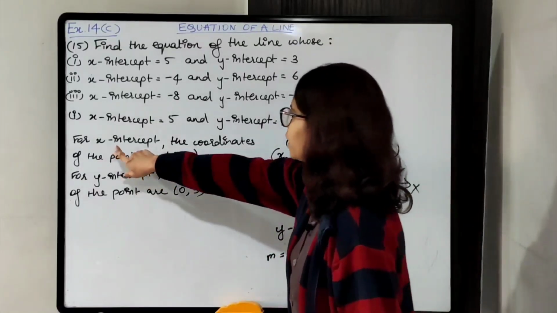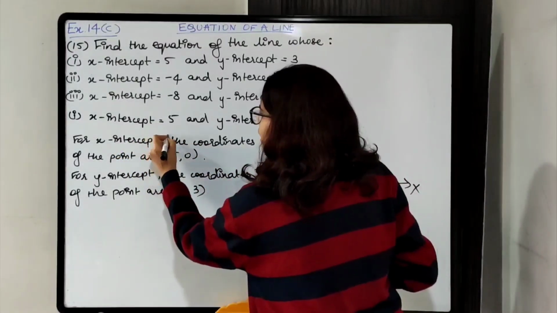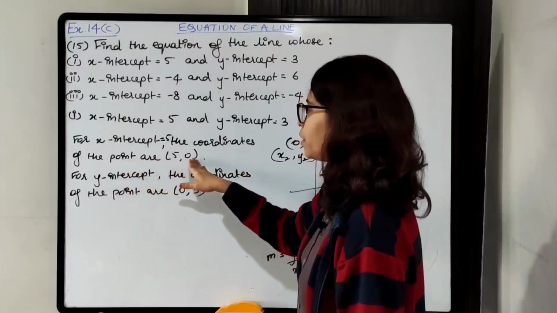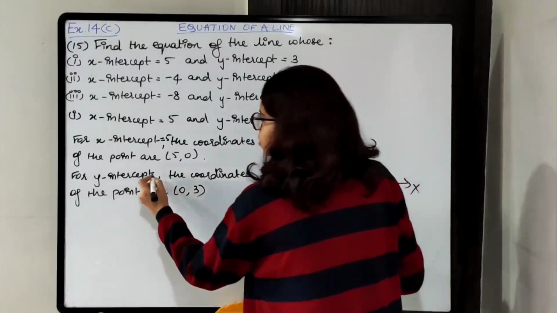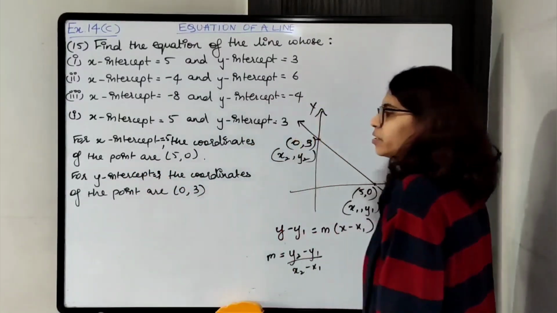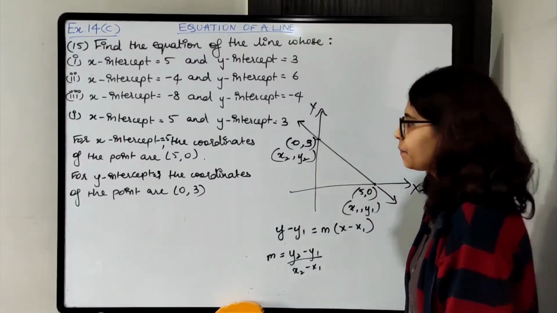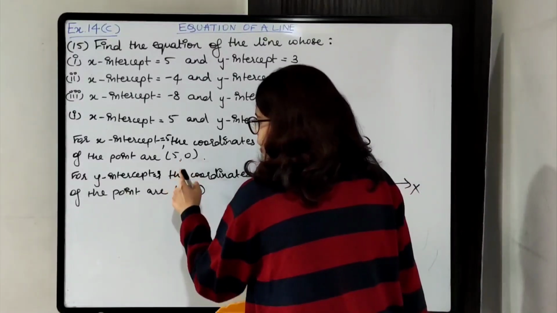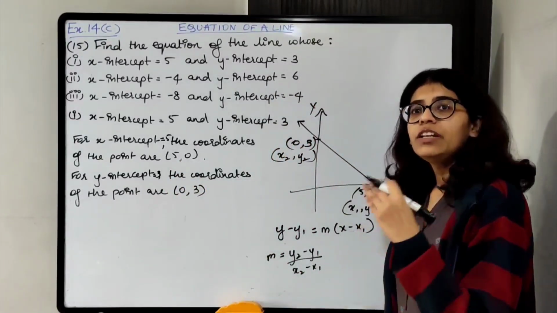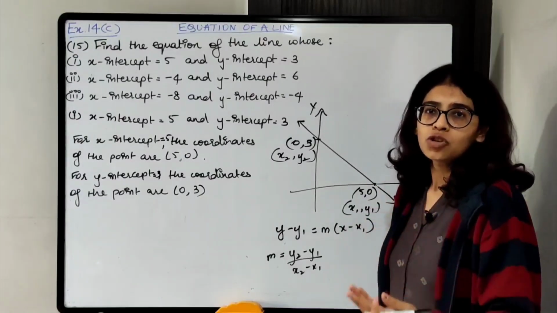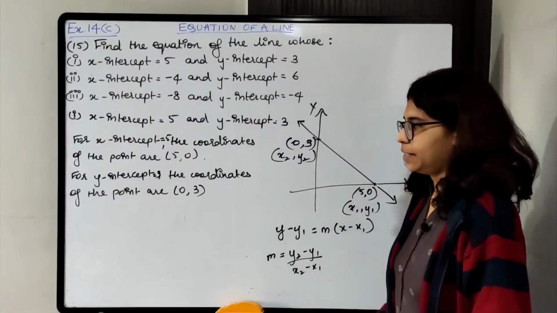You can write down for x-intercept equal to 5, the coordinates of the point are 5, 0 and y-intercept equal to 3, the coordinates of the point are 0, 3. So we know the coordinates of two points. Okay, we'll find out the slope first. Once we get the slope, it's easy to find the equation of the line.